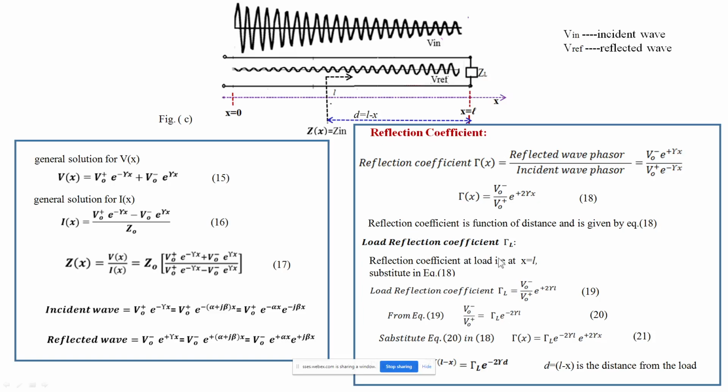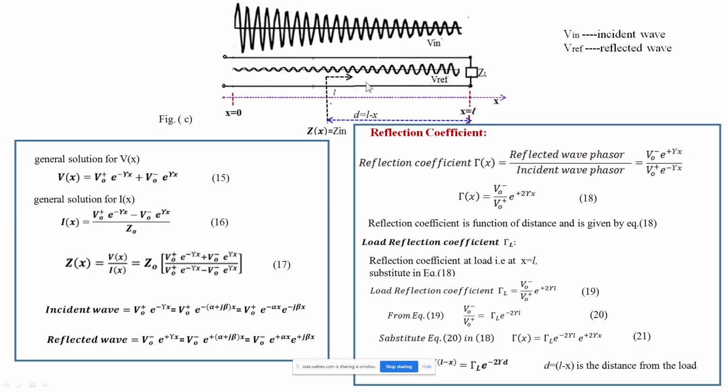Now, in most cases instead of measuring the reflection coefficient everywhere, most of the time we measure the reflection coefficient at the load point, that is at the load ZL. What is the reflection coefficient here? At the load position I took x equal to L. In the previous class I was telling about distance; I think I did not display this figure.